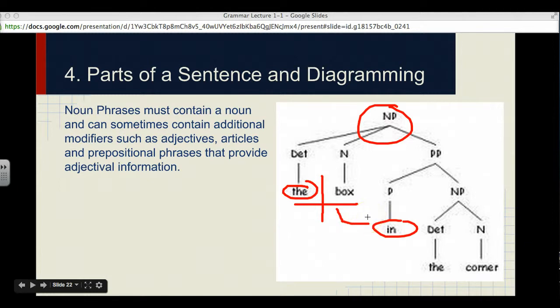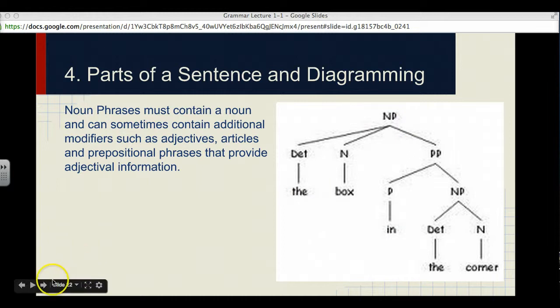If I needed some clarification, which box do you want me to move? Oh, I want you to move the box in the corner. So it's important to know that all of that information is considered part of the noun phrase. A noun phrase, again, has to contain a noun, but can also contain articles, determiners, and extra prepositional phrases.